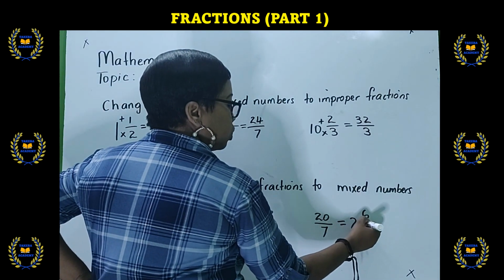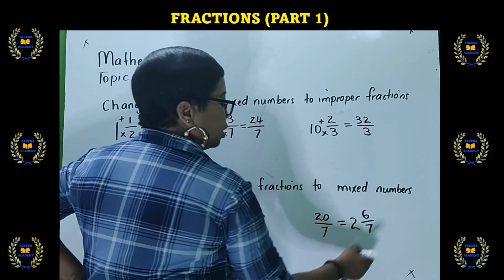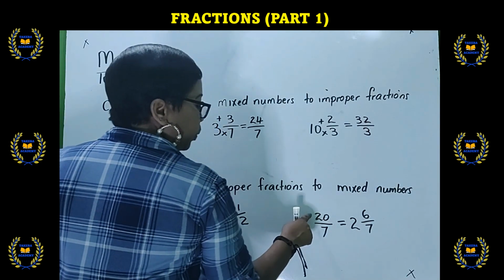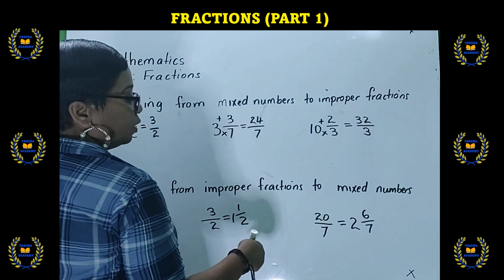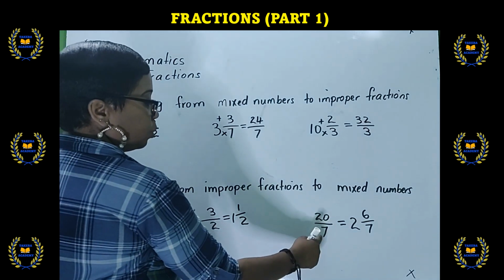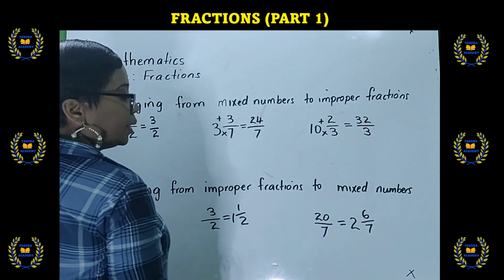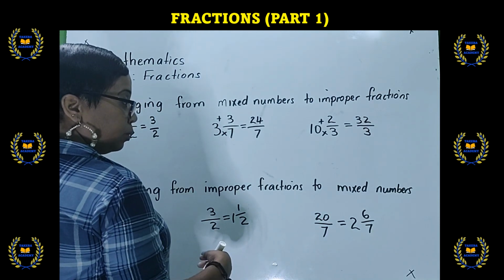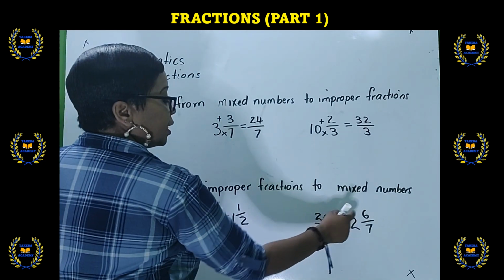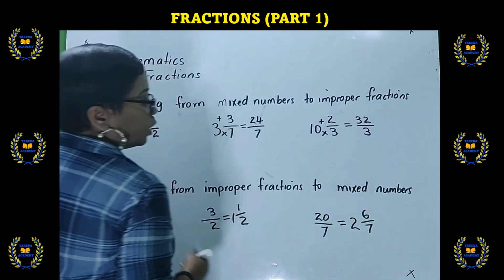So 6 goes over our denominator, which is 7. So when we divide 20 by 7, we got 2 whole numbers, right? We can get 2 groups of 7 out of 20. The remainder, whatever is left after we take out the 2 groups, in this case 6, it goes over the denominator.